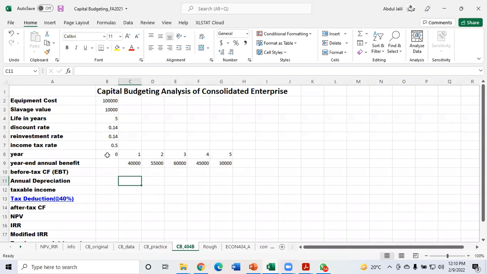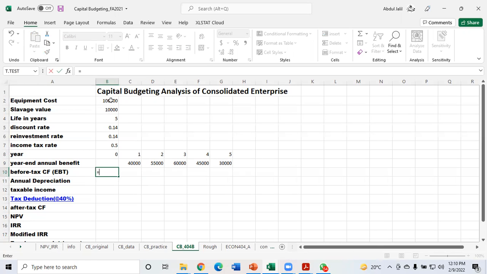So this information is given, how many years, and 0 is always for the base year, right? Whenever you are making your investment, this is the year, and then annual benefit. The stream is already mentioned to you, right? So just like the data set given to you, then you go for earning before tax, and you know that this earning before tax includes your cost.